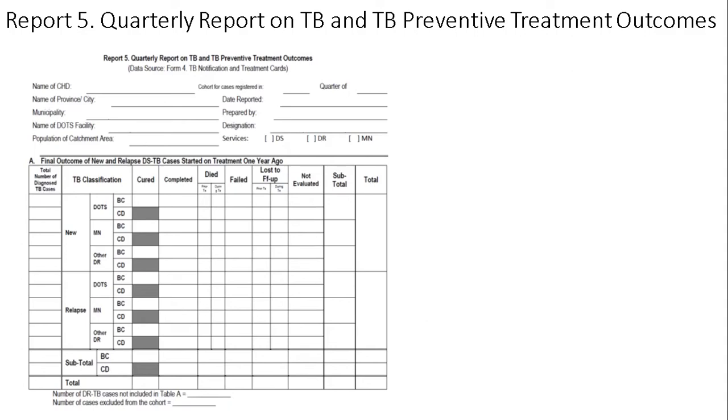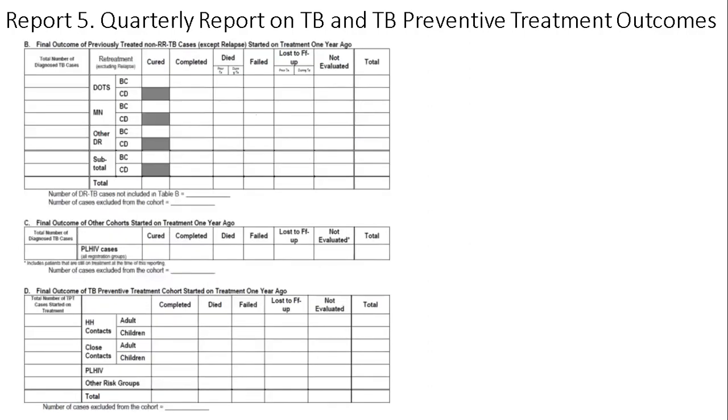For letter A, final outcome of new and relapsed non-RRTB diagnosed 1 year ago. We also include the mandatory notification here. Letter B, final outcome of previously treated non-RRTB diagnosed 1 year ago. Letter C, final outcome of other cohorts diagnosed 1 year ago.